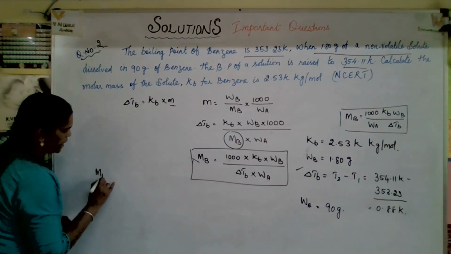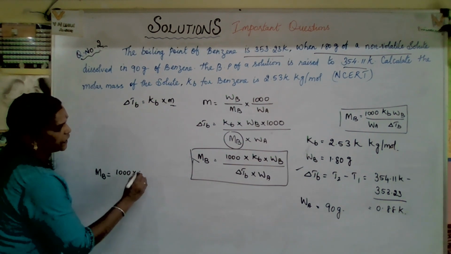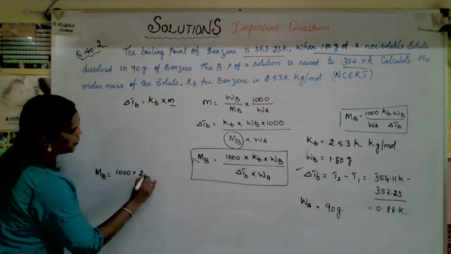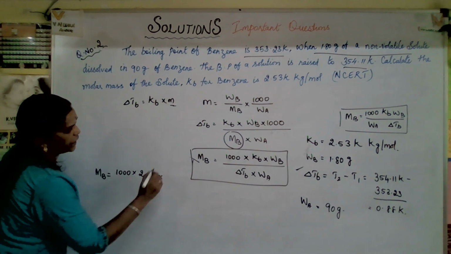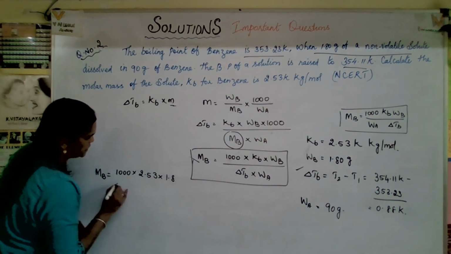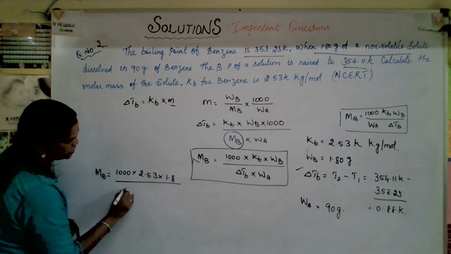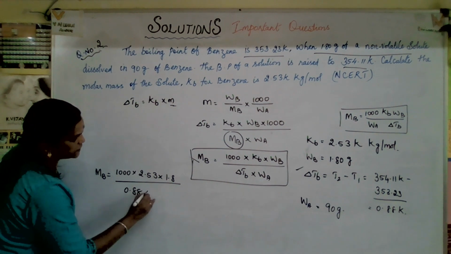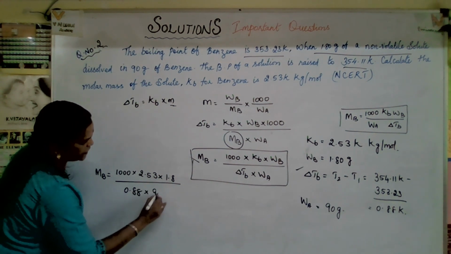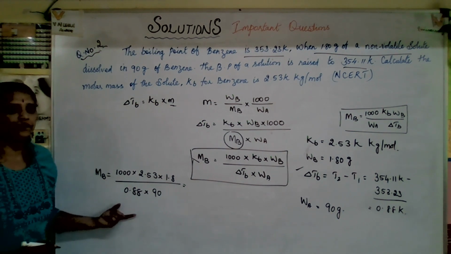So MB equal to 1000 into KB, how much? 2.53 into WB 1.8 divided by delta TB, it is 0.88 into 90. So what is the answer? You will get it. Come on.